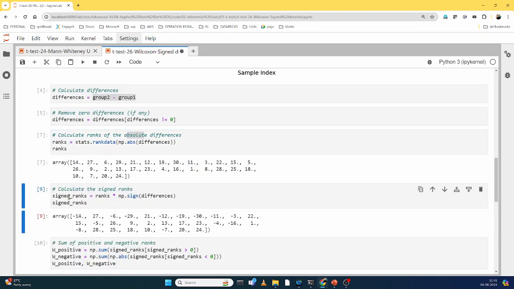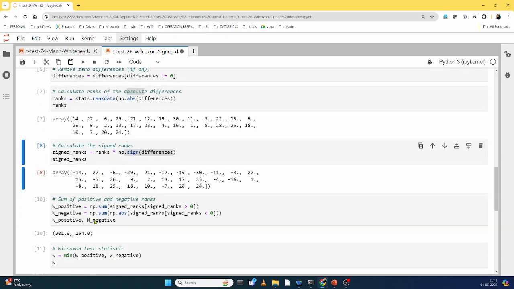After that, we apply the signs, meaning if there was a positive or a negative difference, we restore it. We just multiply the rank with the sign of the differences. So this was minus, and now minus appeared. This was positive, so the positive also came in.